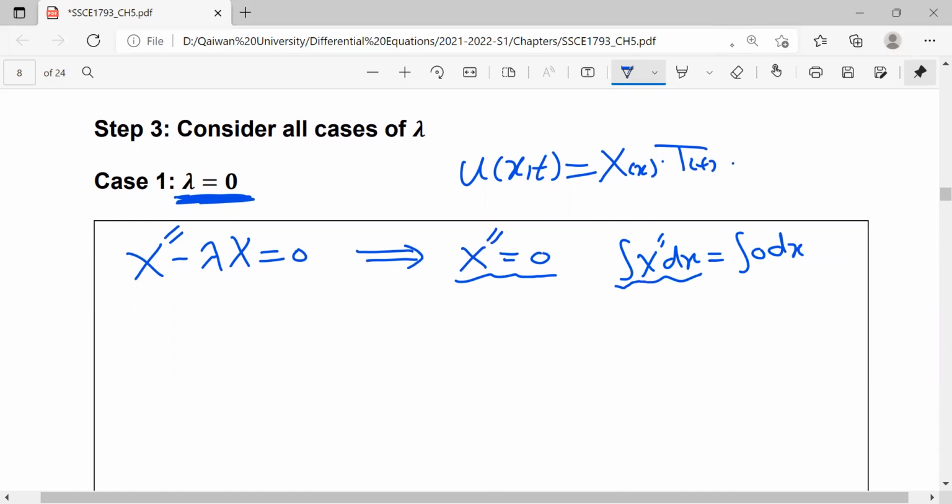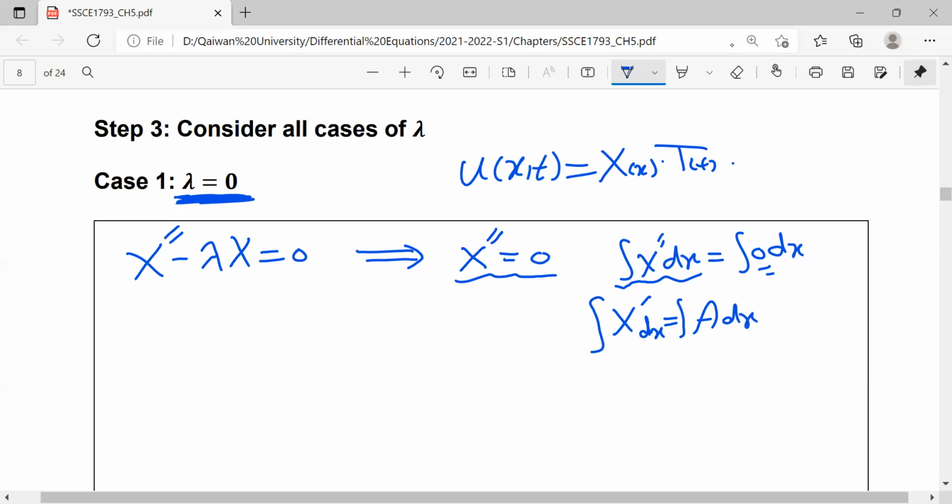The left hand side becomes x prime because we take one integration. If we take one integration of x double prime, we get x prime equals a, a constant. The integration of 0 is a constant. Now we take another integration with respect to x.